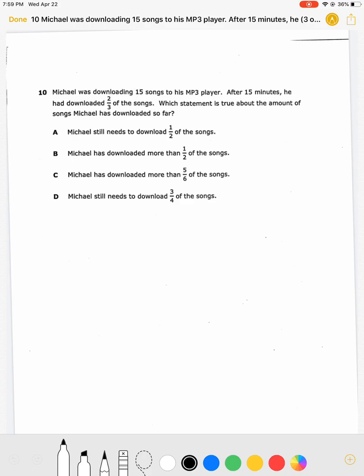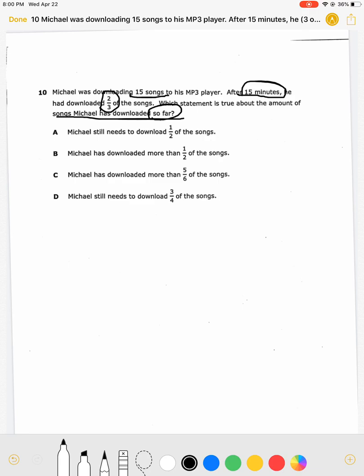So, let's look at that total amount of songs. 15 songs in 15 minutes. And our fraction says, how much did he download? 2/3. Which statement is true about the amount of songs he has downloaded so far?